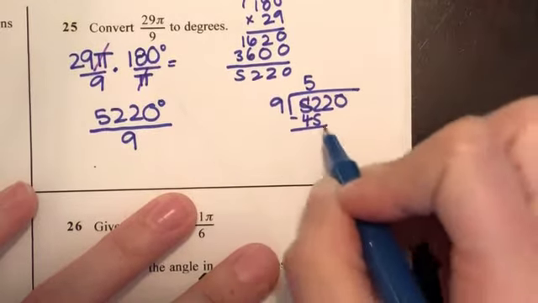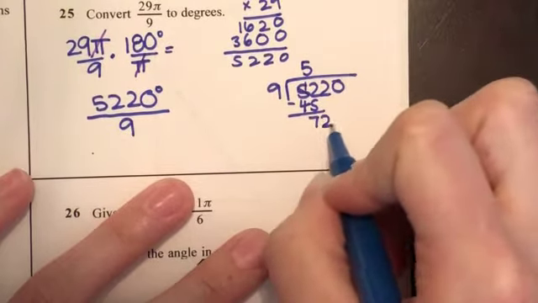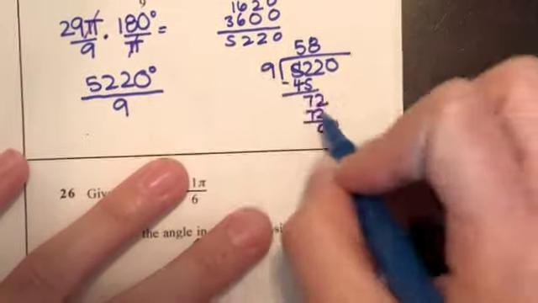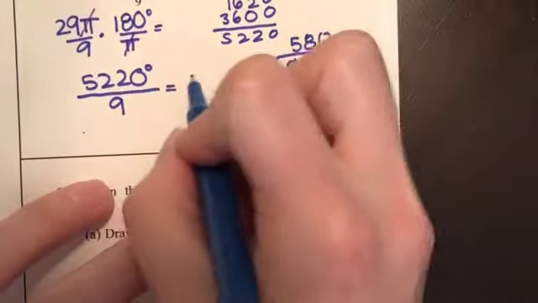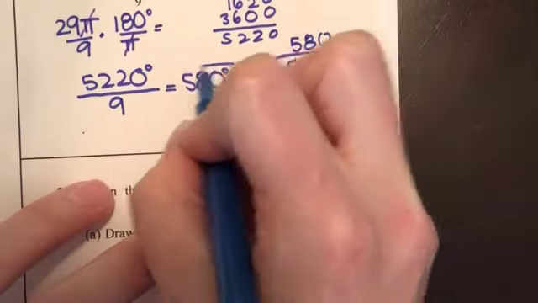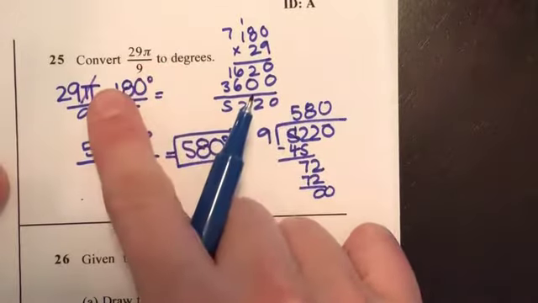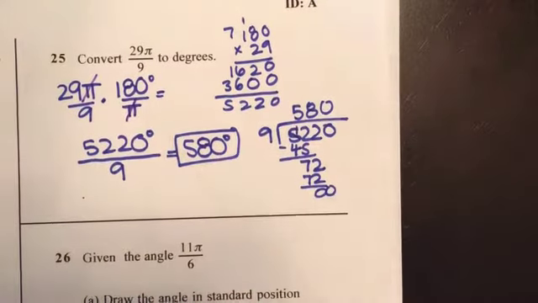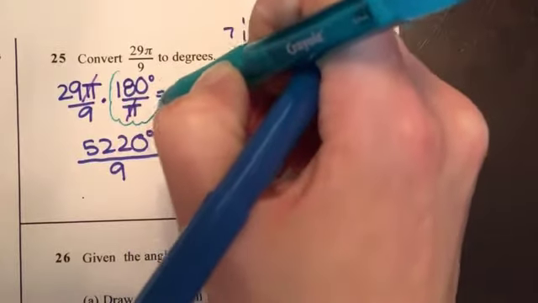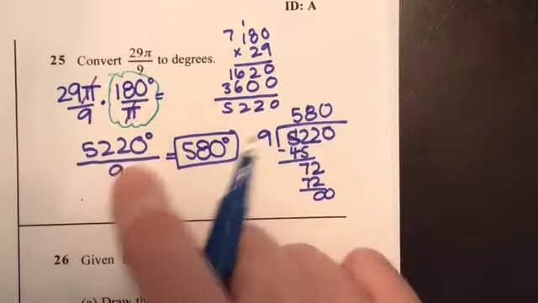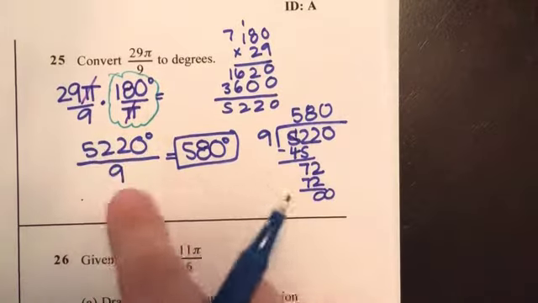I'm going to subtract and get 72. That goes in 8 times, 72, and then 0 divided by 9 is 0. I get 580 degrees. So you want to memorize that to convert to degrees, you need to multiply by 180 over pi. And then after you do that, you have to simplify, which is dividing by the denominator.